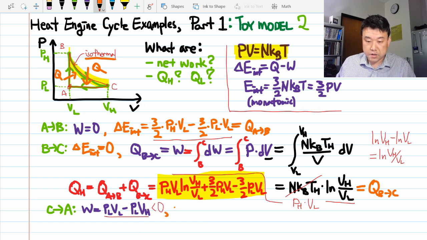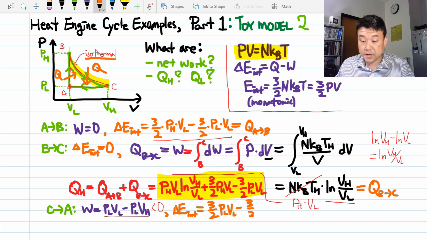Alright. Change in internal energy is calculated the same way as the previous example. It's 3/2 the ending point, PLVL, minus 3/2 the starting point, PLVH. So the heat transferred is calculated using the first law of thermodynamics.